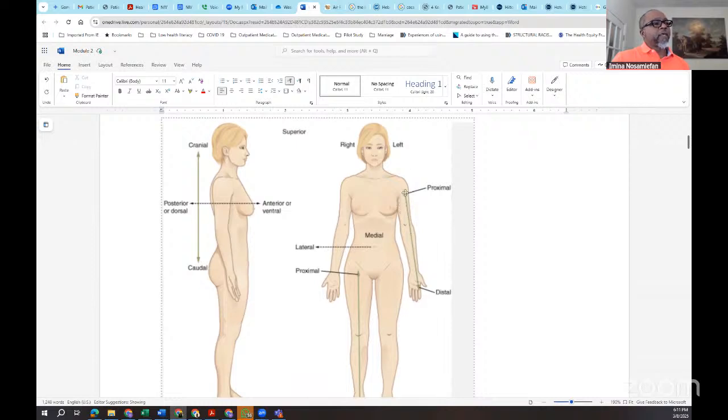Now, this is posterior, which is the back, or dorsal. This is anterior or ventral. And you can think about it: vent, ventral, dorsal.